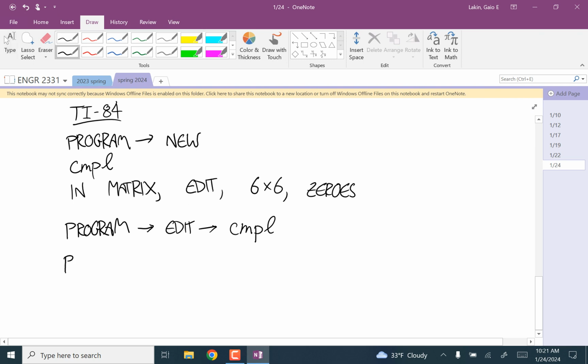It says program CMPL, and you're going to click on program, input, output, prompt.